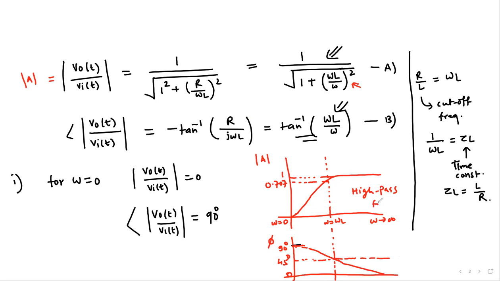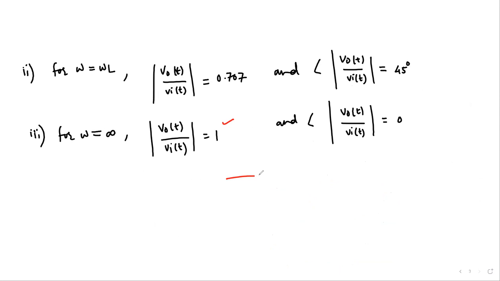So up to omega equal to omega L, the gain is below 1, and it approaches 0 when frequency approaches 0, and thereafter for omega equal to or greater than omega L, this gain becomes unity, and the phase response can also be seen from this plot.